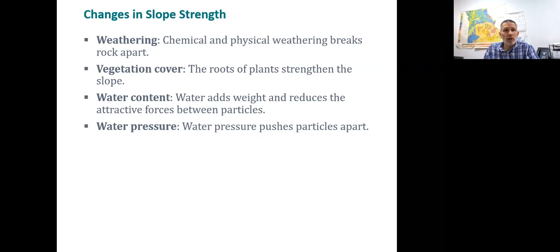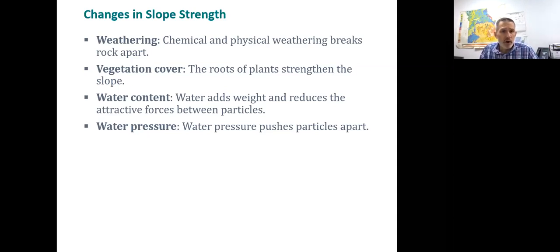Many times around here, when a roads department blasts out a new road, they will spray seed cover and maybe even put in a geotextile, which is basically a fabric that simulates the root structure until these plants can take hold and hold the soil in place. And so the vegetation in many cases is going to strengthen the slope and increase the resisting forces.